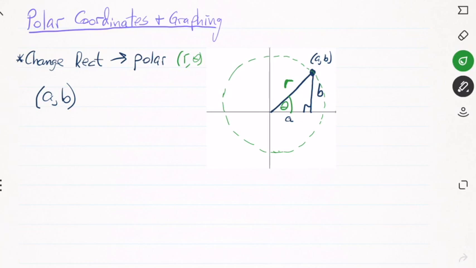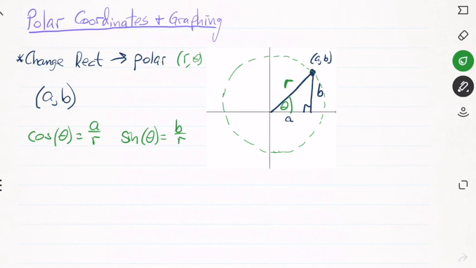So according to theta, a is adjacent, r is hypotenuse. So that would be cosine of theta is equal to a over r. And similarly, if we look at theta, b, and r, that would be opposite over hypotenuse, which would be sine. So we would get sine of theta is equal to b over r.